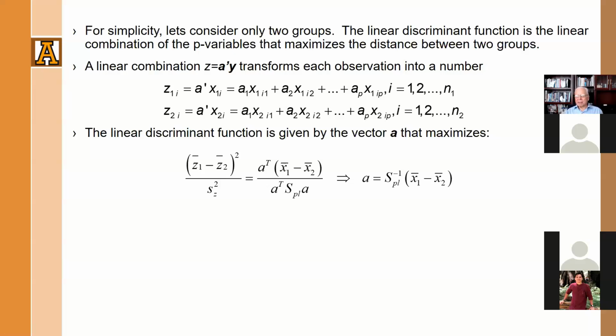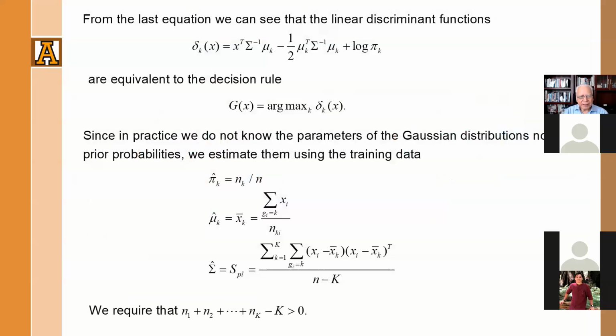Essentially, what linear discriminant analysis is doing is rotating the axes so that I can separate the means of the groups as much as possible, and have as small a variance as possible within each of the groups. That is essentially what the function is doing.